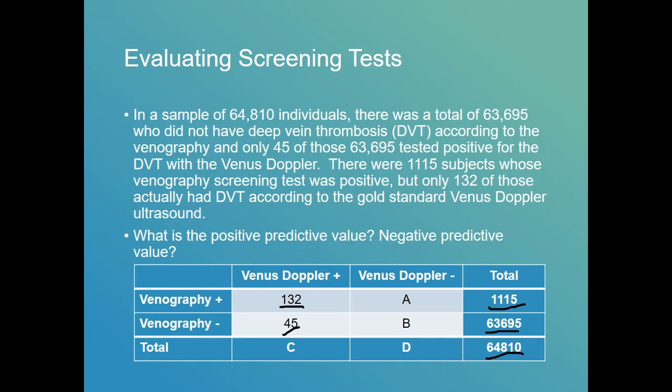So now to fill in these other ones, you would use the calculation. 1,115 minus 132 would give you A, and here it's 983. Then for B, we would subtract 45 from 63,695, so that would be 63,650.